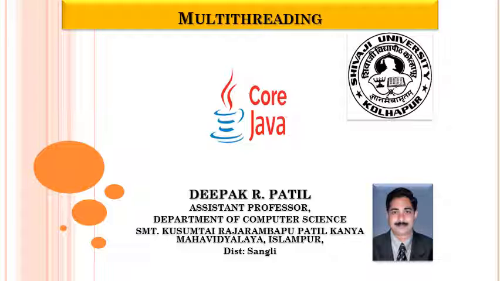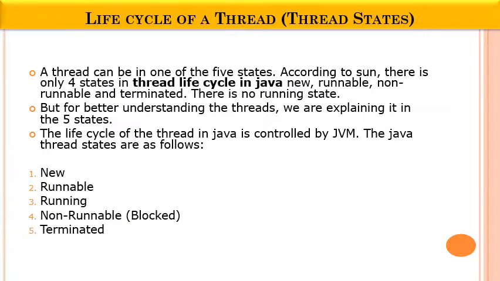Let us see the life cycle of a thread. A thread can have multiple programs which will run at the same time or simultaneously. A thread can be in one of 5 states.